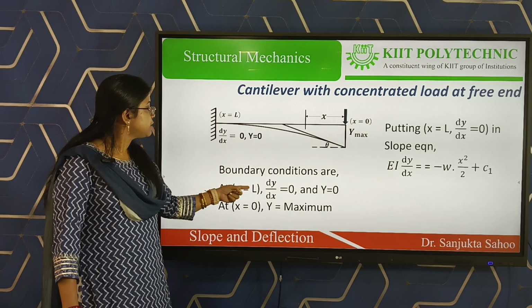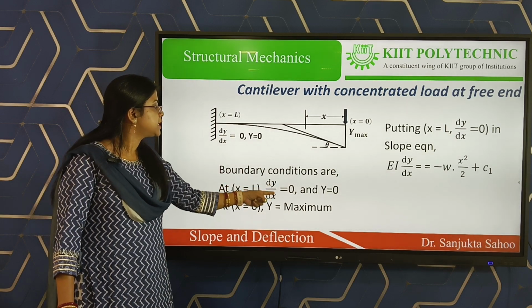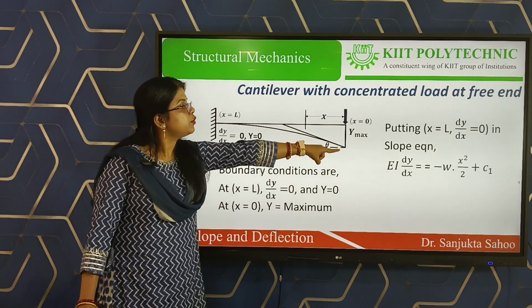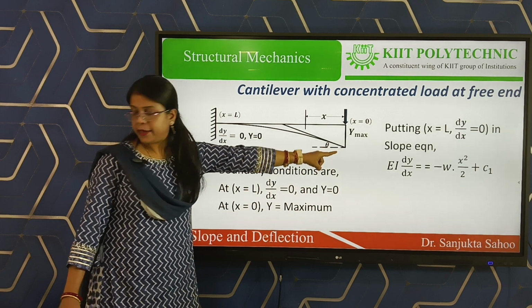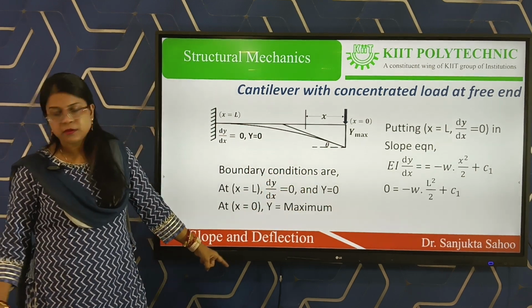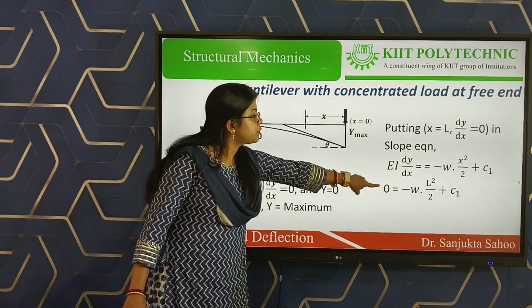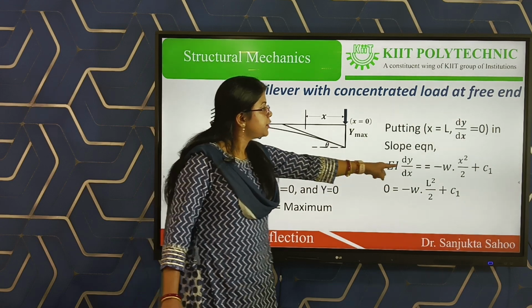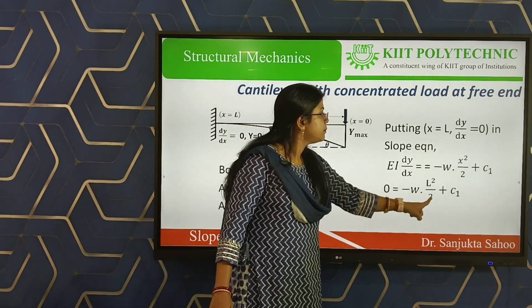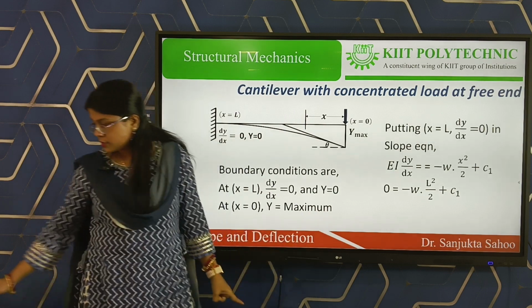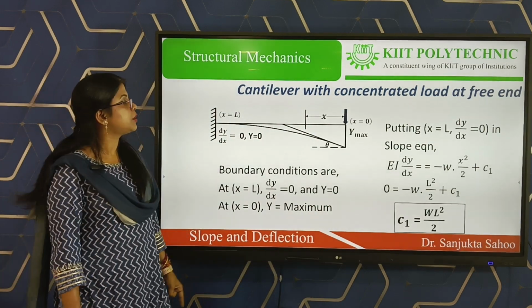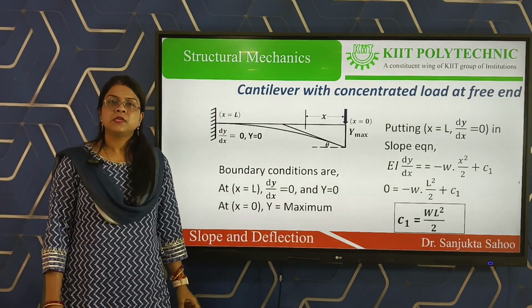So, putting x equal to L and dy by dx equal to 0 in the slope equation, we get 0 equal to minus WL² by 2 plus C1. So, C1 will be equal to WL² by 2.